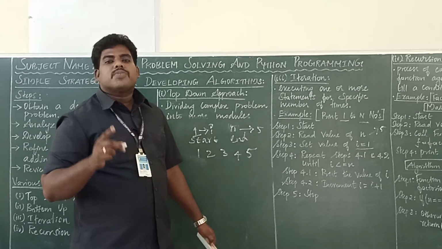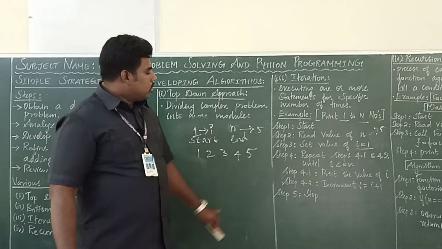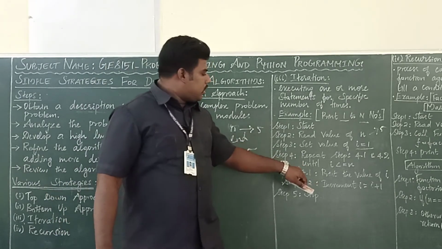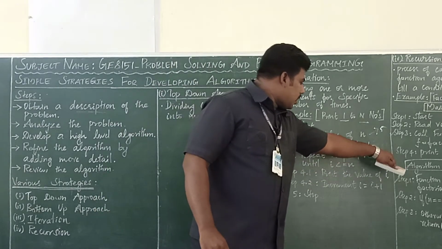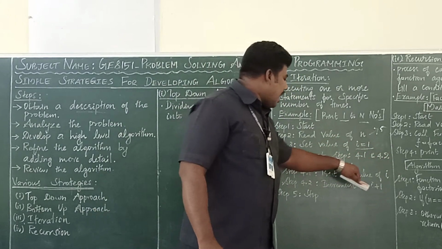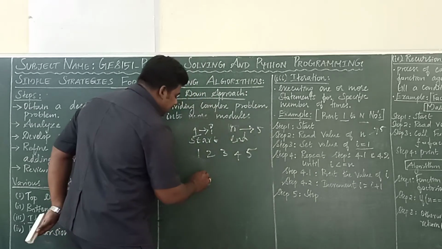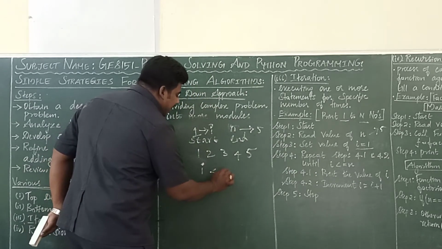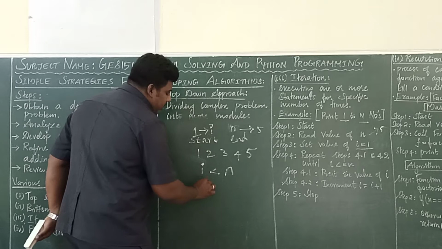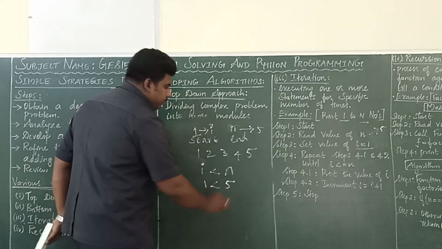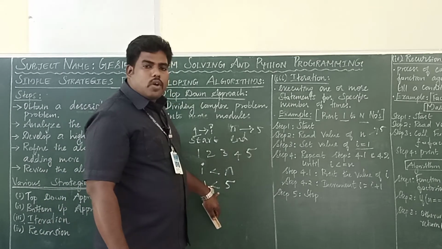We have to check the condition. So I am writing the condition here: repeat steps 4.1 and 4.2 until I is less than n. My condition here is I less than n. What's the I value now? 1 less than 5. Whether this condition is true or false.